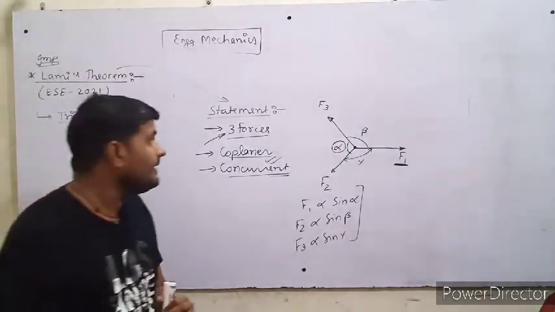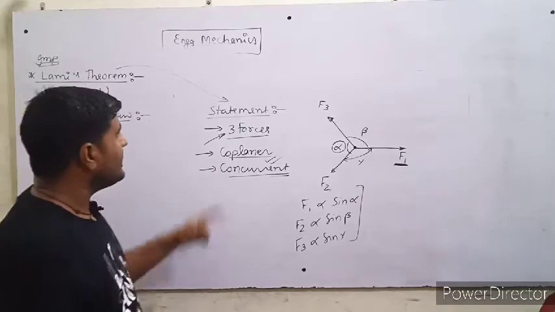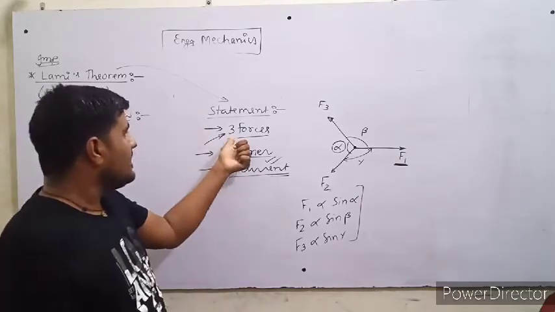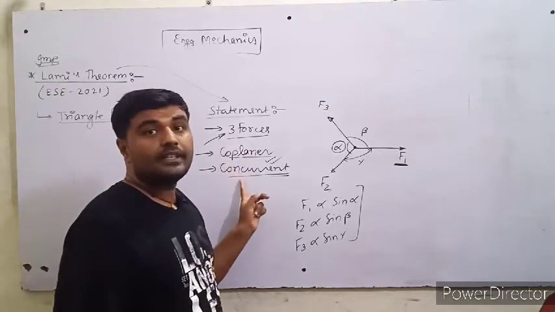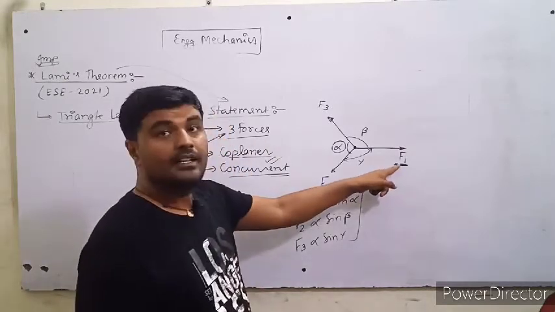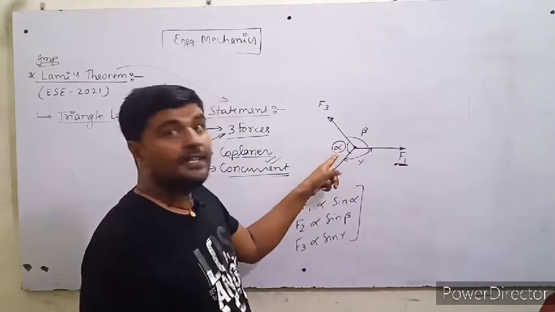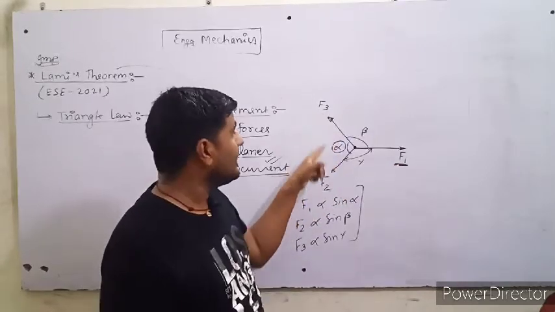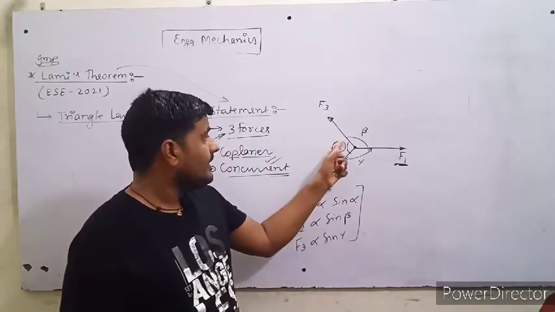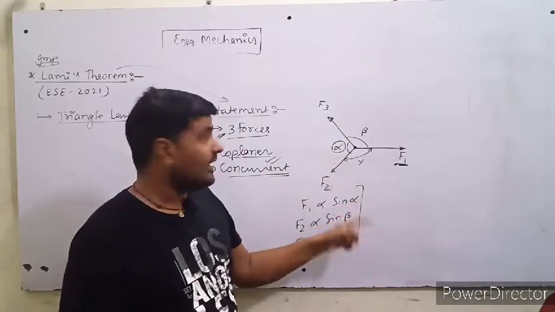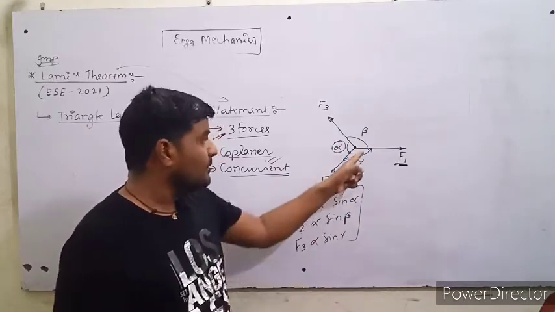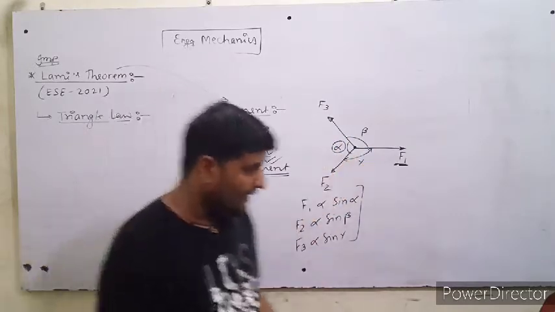I am again repeating what Lami's theorem states: if three coplanar concurrent forces are in equilibrium, then each force will be directly proportional to the sine of the angle between the two other forces. That is, F1 is directly proportional to sine alpha, F2 directly proportional to sine beta, F3 directly proportional to sine gamma.